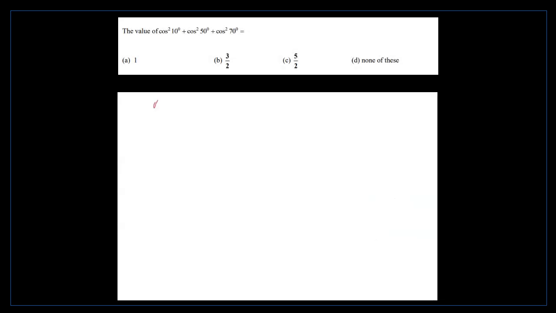If we are given alpha, which may be 60 degree or 120 degree or 240 degree or 360, if we are given this, then we have sine square theta plus sine square of alpha minus theta plus sine square of alpha plus theta equal to 3 by 2.